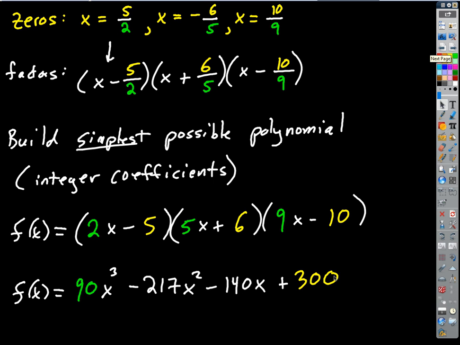It's not an accident that 5 and 6 and 10 are factors of 300, and 2 and 5 and 9 are factors of 90. It will always be that way, every time. If you have a rational zero, the numerator is going to be a factor of the constant, and the denominator will always be a factor of the leading coefficient, every time.